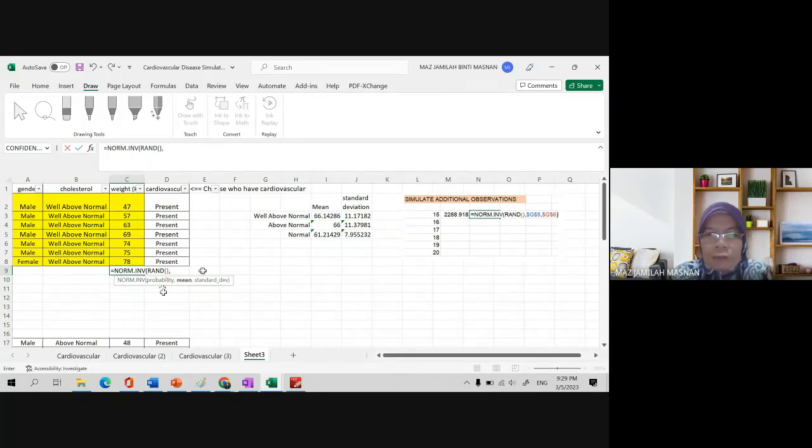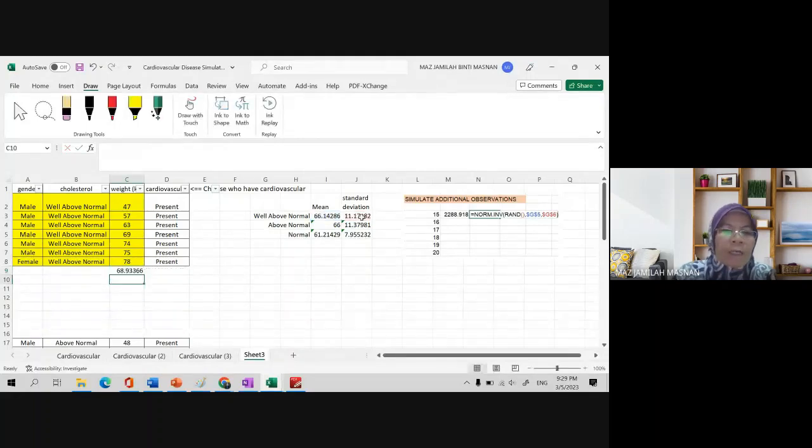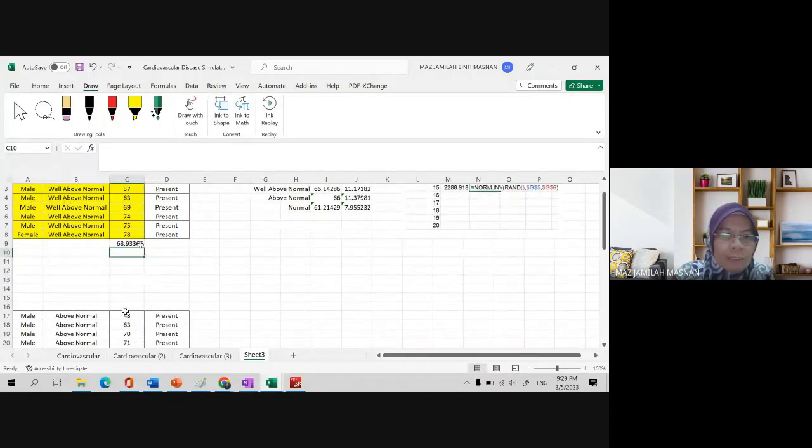Then choose which one is the mean. G5 is the mean for the first, well above normal. Then I choose the standard deviation here, then close and enter. Now, to generate the additional data, you drag down this, when you get this plus sign, you bring it down.